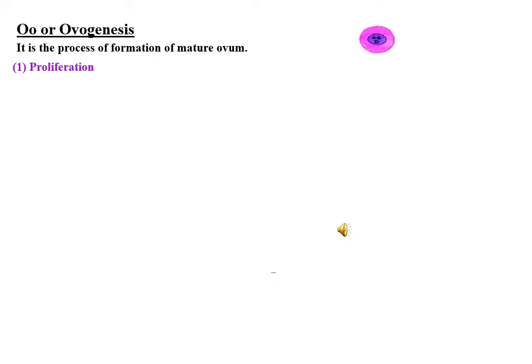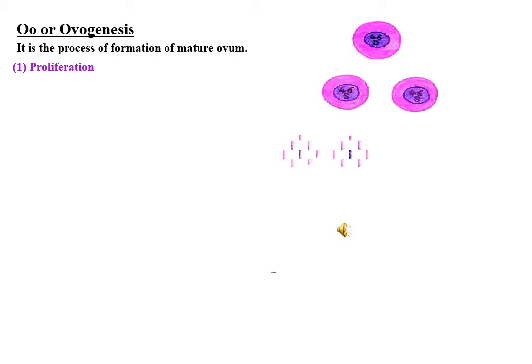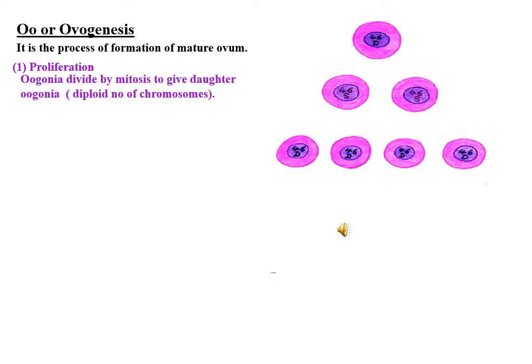Oogenesis or ovogenesis is the process of formation of mature ovum. It is similar to spermatogenesis in male. It consists of the following phases. Proliferation: oogonia divide by mitosis to give daughter oogonia, having diploid number of chromosomes.